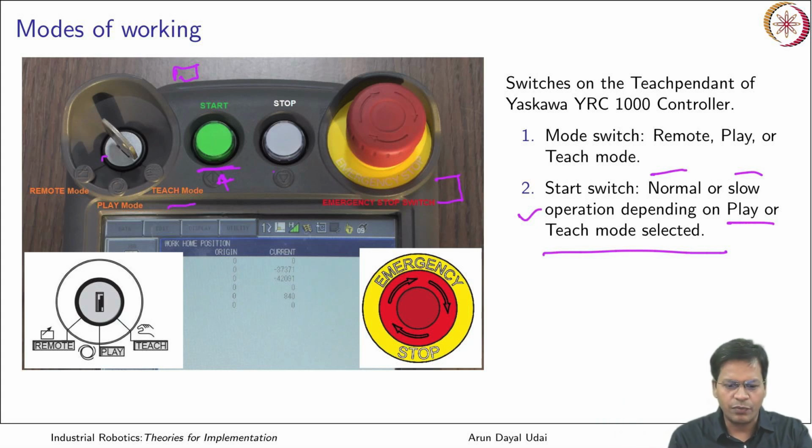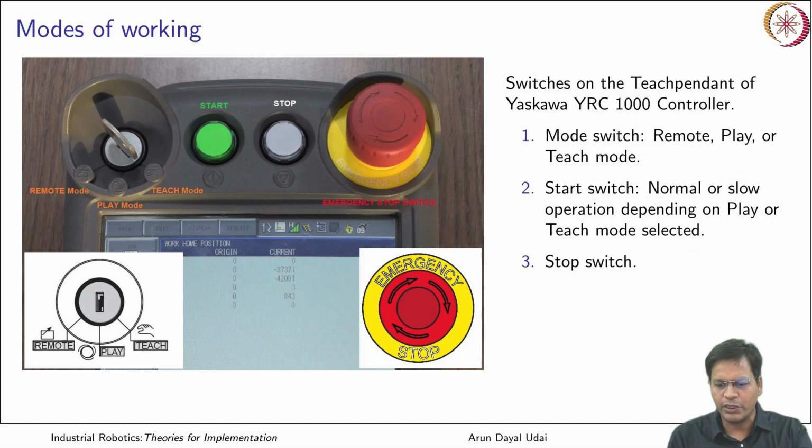But if it is in play mode, as soon as you press start, the robot does the job at its full potential and full speed. Even in remote mode, the robot works at full speed. Only in teach mode will the start switch take it to slow speed, so that you can observe whether it is working correctly or not. So that is the start switch.